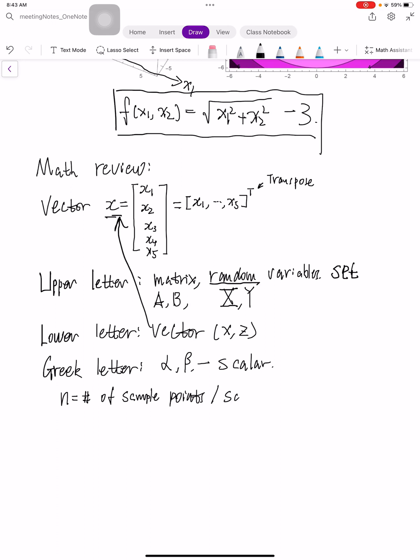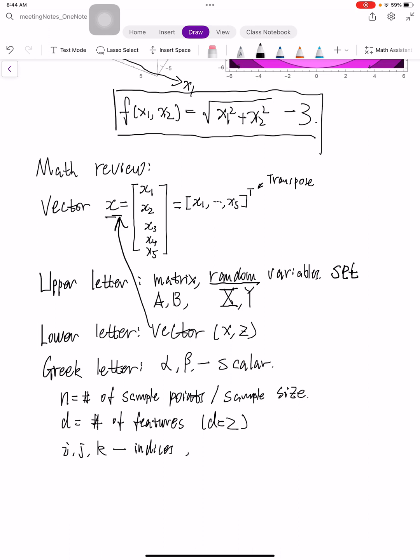D denotes the number of features. For example, in our previous example, we have D equals 2, right? And we have i, j, k, which denote indices.